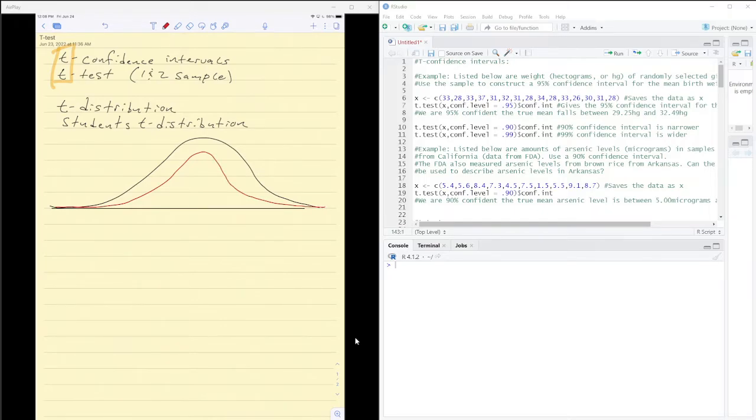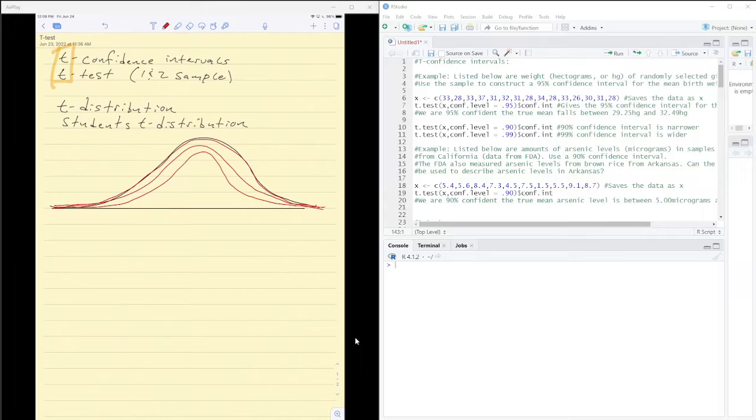And then maybe if your sample size increases, it starts to look like this with a larger sample until you get a big enough sample that it becomes basically like a normal distribution.